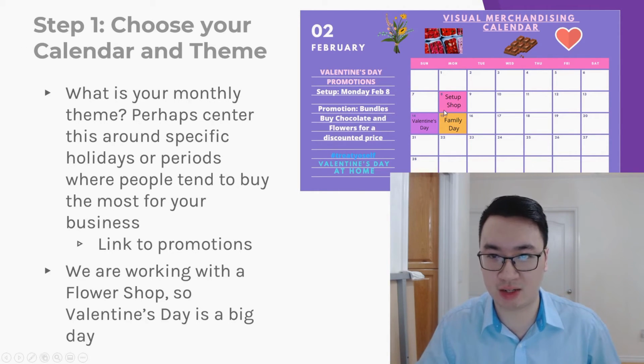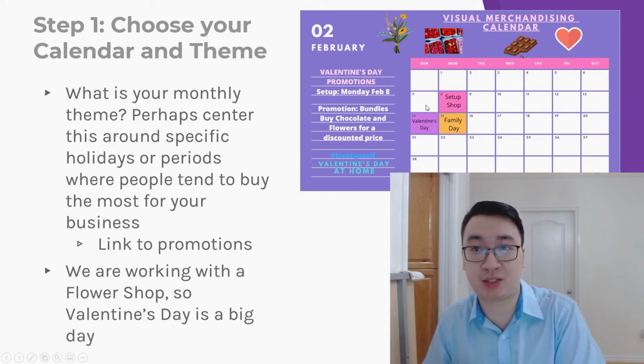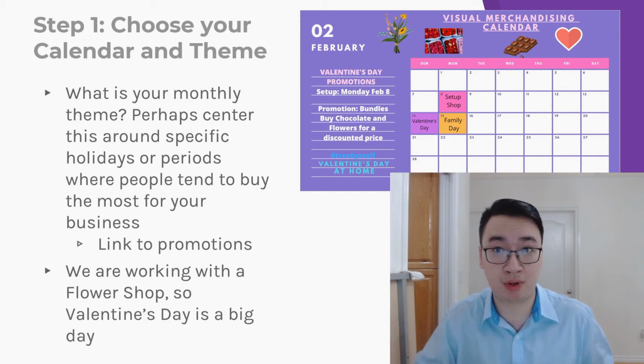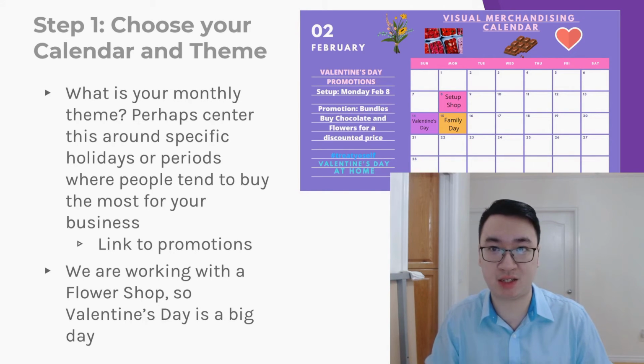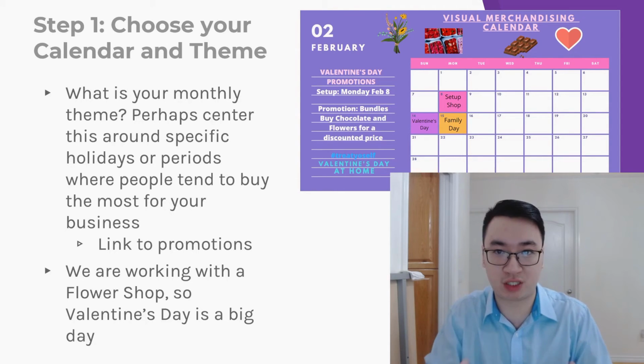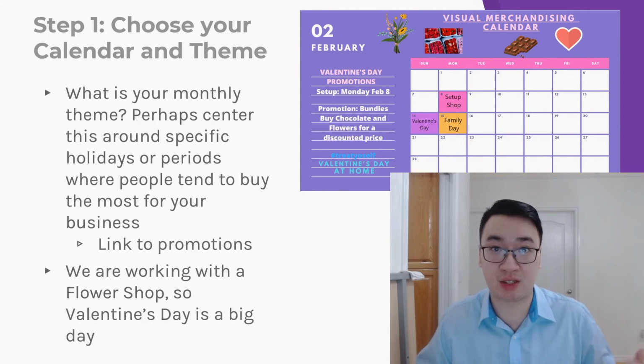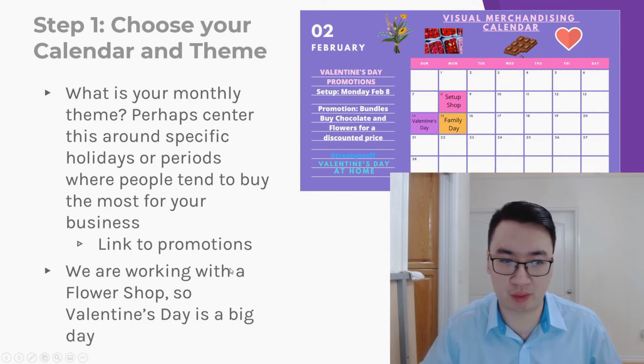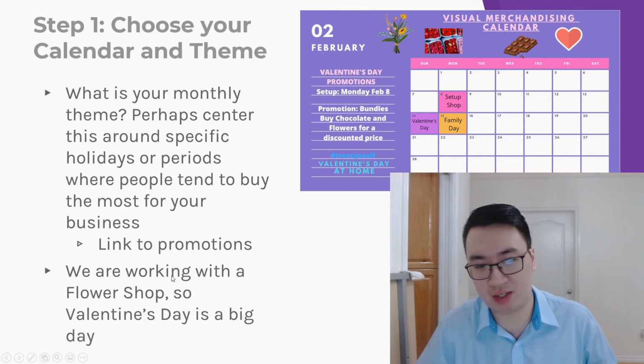So I decided to center this around Valentine's Day, maybe in other months such as Christmas or December, those holiday spending seasons, maybe some more holiday focused flowers and poinsettias as an example. And we're working with the flower shop, so Valentine's Day is a big day.